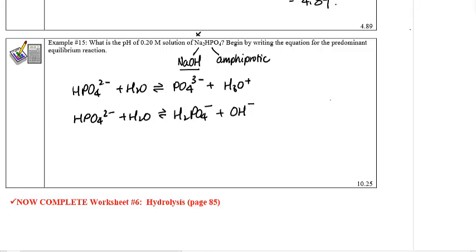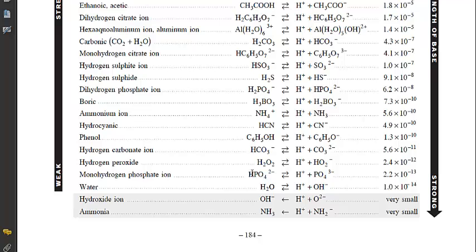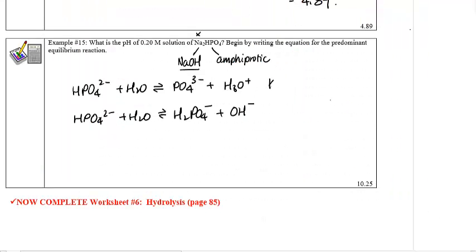When we look at our chart for the very first equation, HPO4 2- giving you H plus PO4 3-, we see that there's a Ka value of 2.2 times 10 to the minus 13.